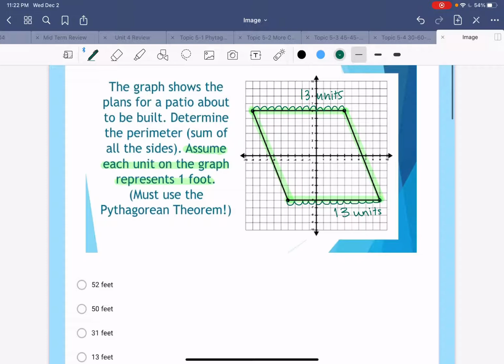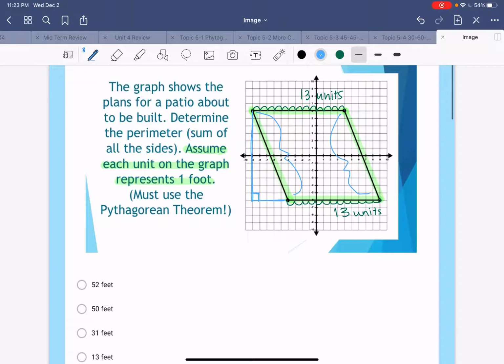So how are we going to figure out these links? Well, we can use the Pythagorean theorem, because we can make a right triangle between these 2 points using the coordinate grid.